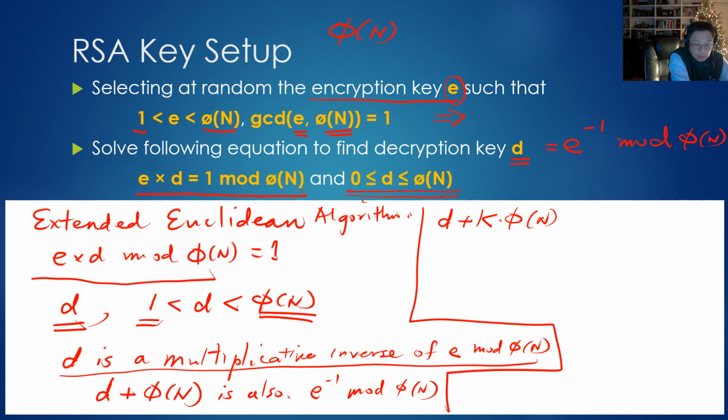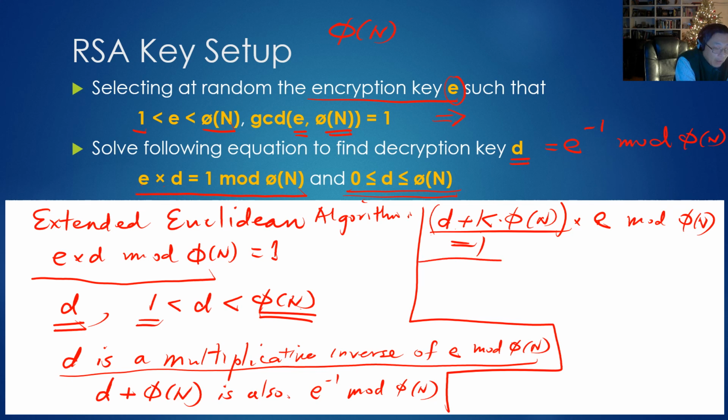Now, I'm not going to prove this because the proof is pretty simple and easy. All we need to verify is that if D times E equals 1 modulo phi of n, then D plus k times phi of n, times E, also equals 1, which is pretty easy to prove.